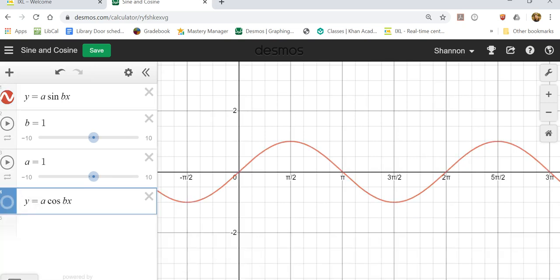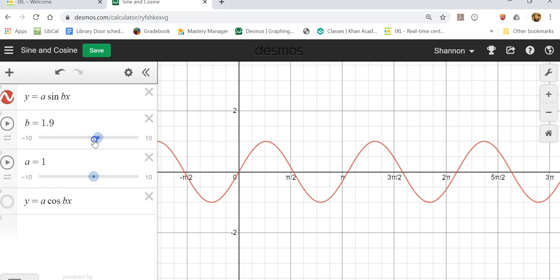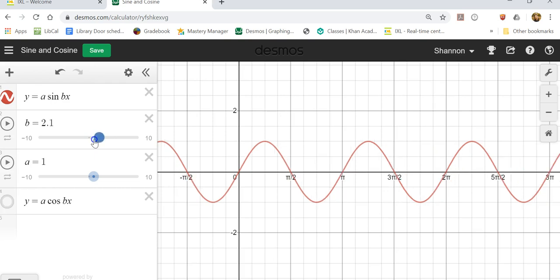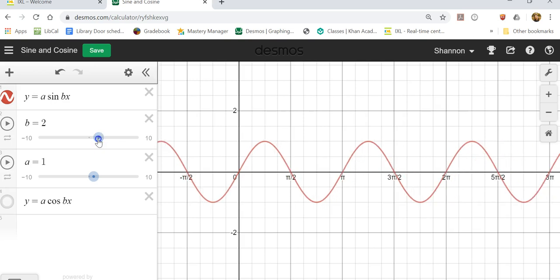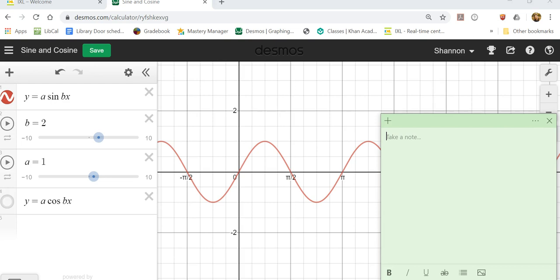So the first is the b value. Remember when I moved my b value and I made it, let's get it to +2. Oops, I wanted +2. There we go, a b value of 2. So if I have a b value of 2, this is the graph of y equals sine of 2x.